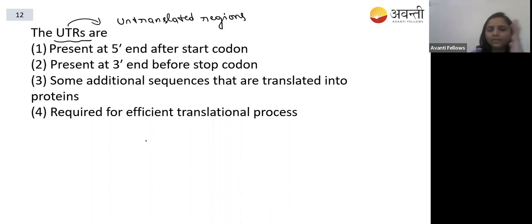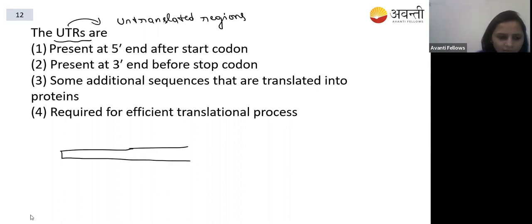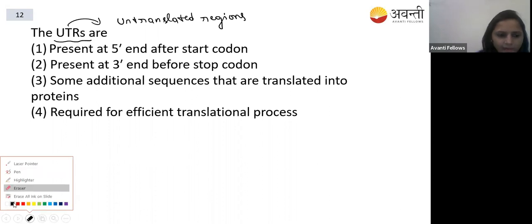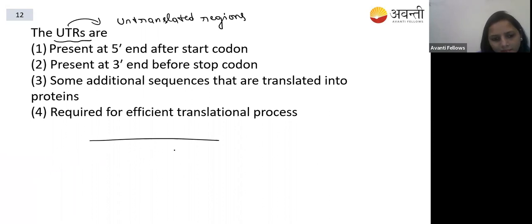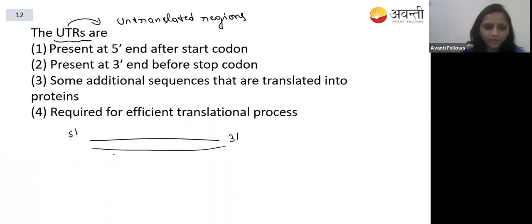So if you take the mRNA, this is the 5' end and this is the 3' end, right? The gene will start from here and it will end here.